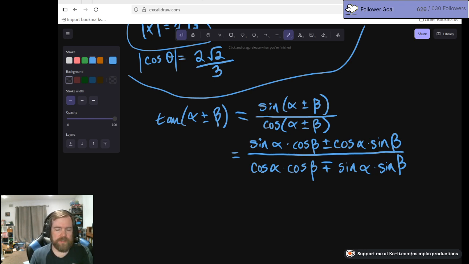Okay. Now in this particular case, what we might want is not to deal with this in terms of sines and cosines, but rather in terms of tangents. So if we could have this in terms of tangents, that'd be really nice. So what we can do is divide by each of the terms that'll get us a tangent. So if we take the cosine of alpha and divide it from every term, then where it doesn't get rid of the cosine of alpha, it will create a tangent of alpha.